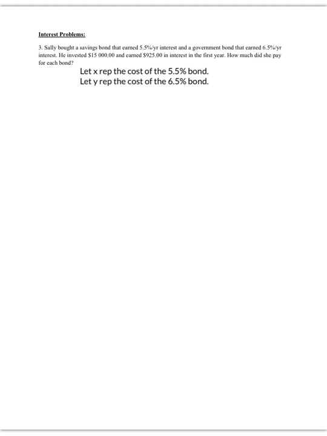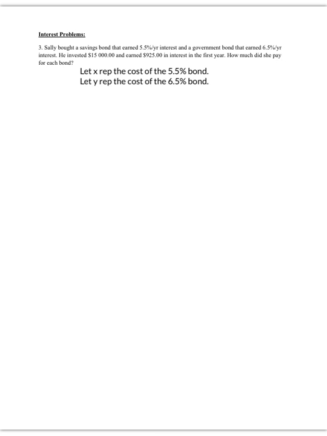Okay, for this one here, this is about investing money. So it says Sally bought a savings bond that earned 5.5% per year interest and a government bond that earned 6.5% per year interest. She invested $15,000 in total and earned $925 in interest in the first year. How much did she pay for each bond?